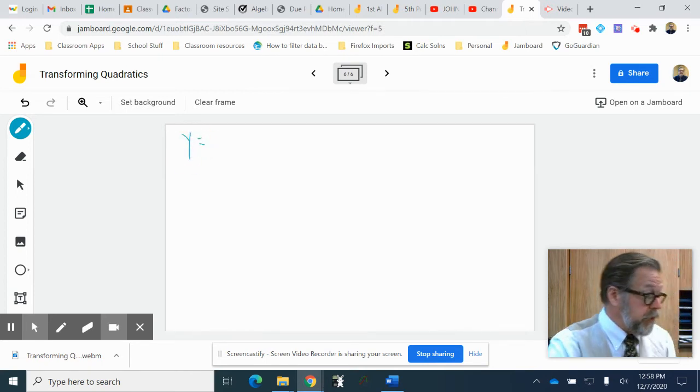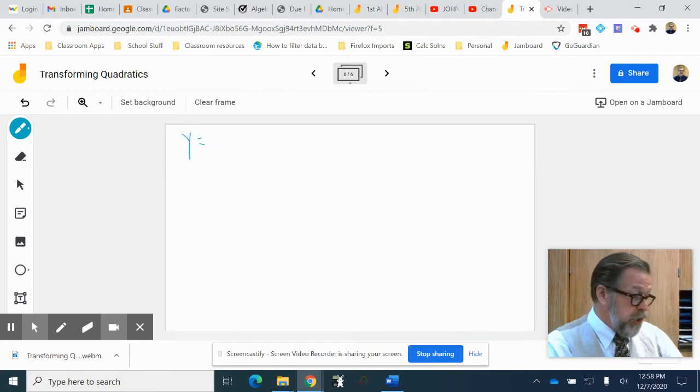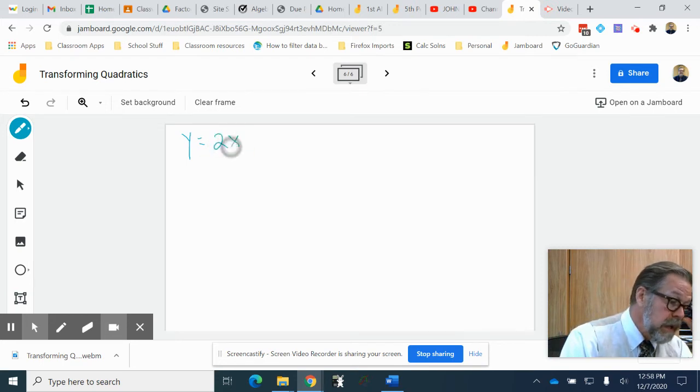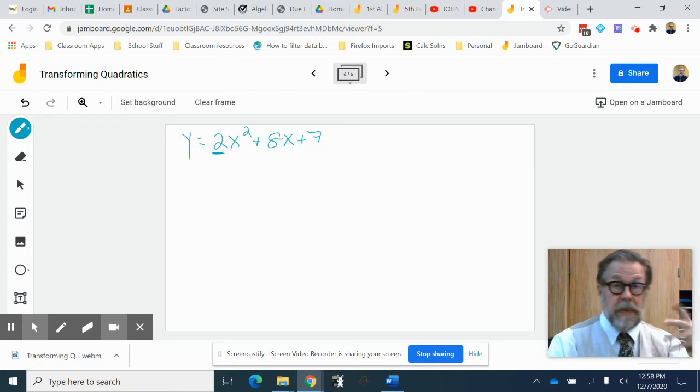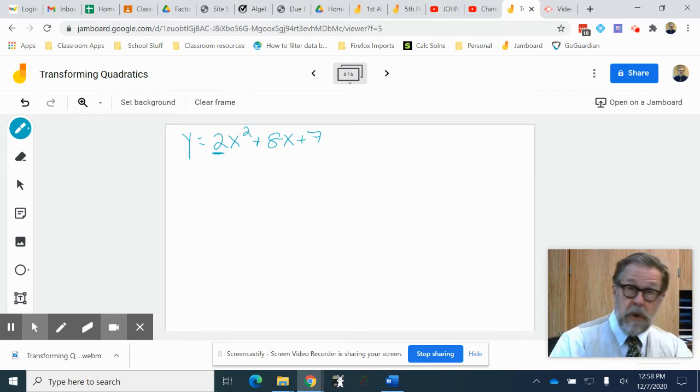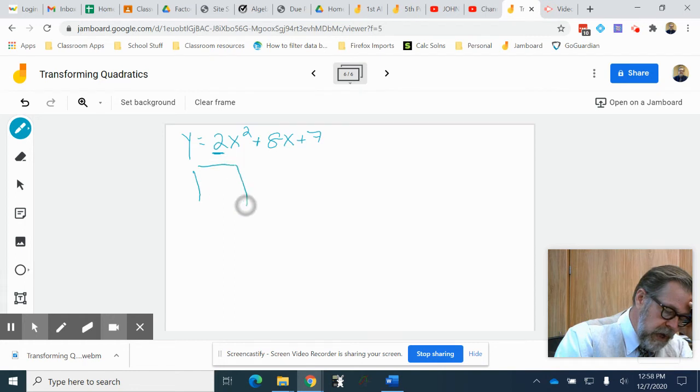y equals 2x squared plus 8x plus 7. Now notice that I can't make one square because I have two of these x squareds, and there's no way to make one square with two x squareds. So what I'm going to do instead is make two squares.